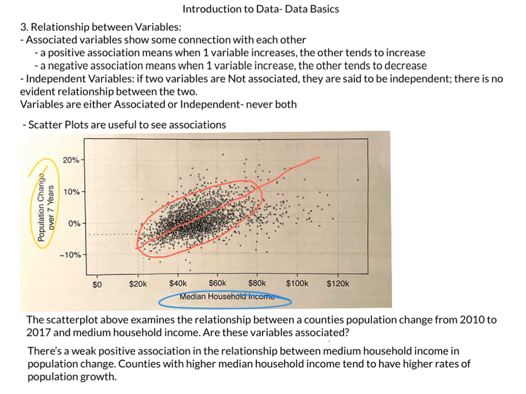In other words, there's a weak positive association, upwards is positive, between median household income and population change. Counties with higher median household incomes, that's looking at household incomes over here. As we go up in the household incomes, then the rates of population change also go up, right?